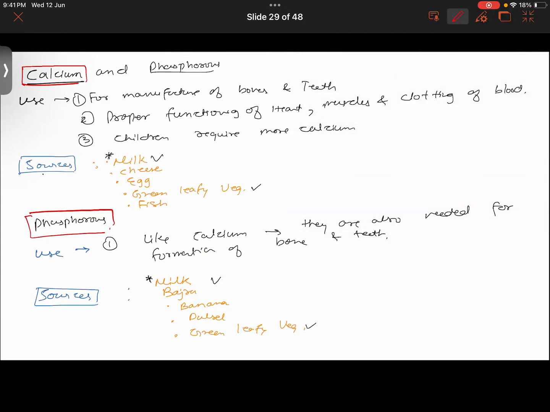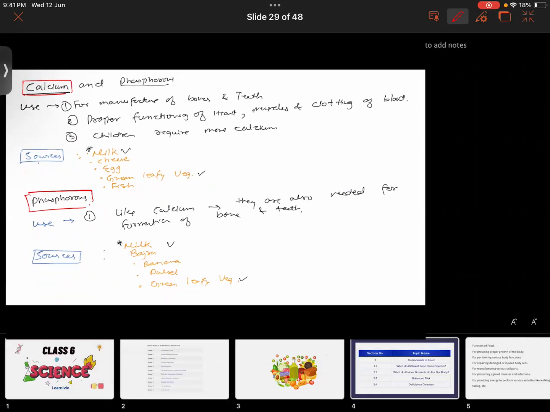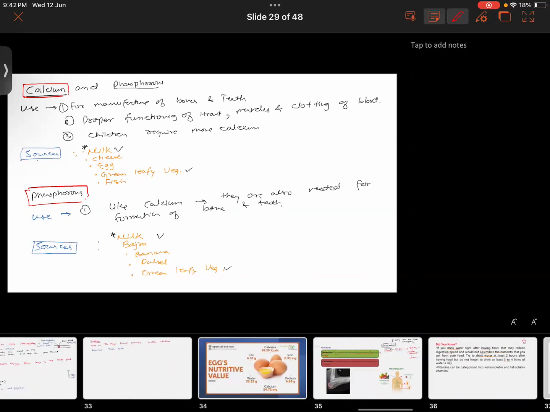Try to recall about vitamin D. Calcium and phosphorus can be absorbed only when you take vitamin D. Are you able to recall that? So calcium or phosphorus, particularly calcium, will be taken up by your body only if your diet gets the right amount of vitamin D.